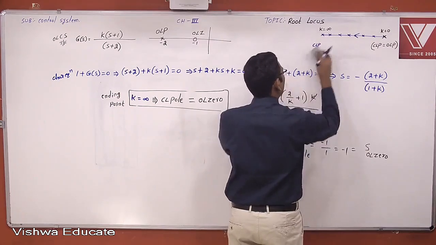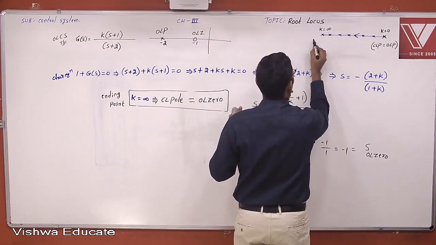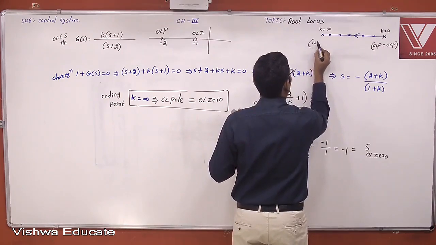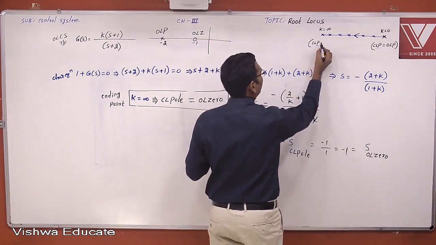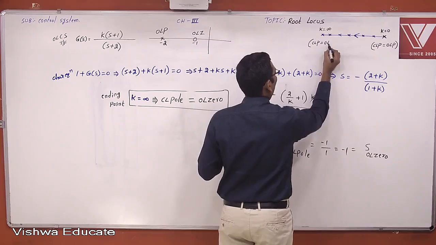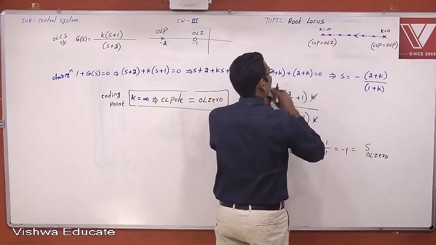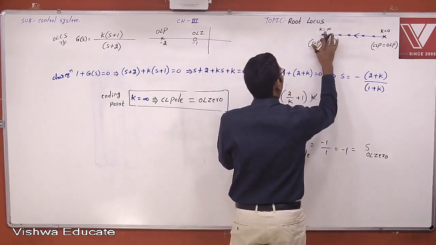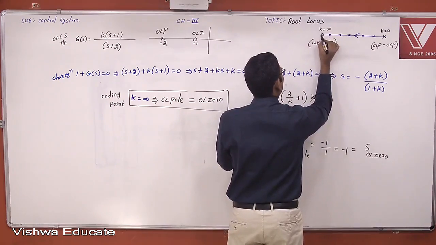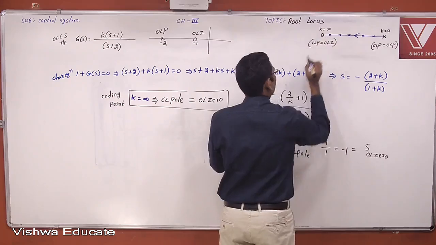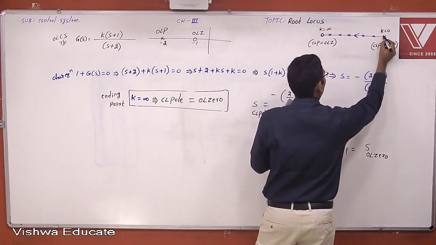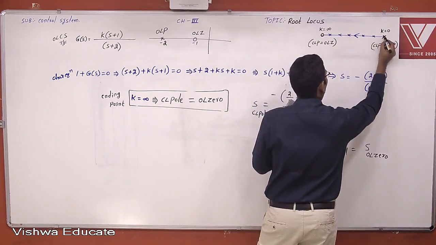The root locus diagram ends with the closed loop pole, but it is difficult to identify the closed loop pole. Now we may use the open loop 0. Therefore, the root locus diagram ends with open loop 0, and the root locus diagram starts with open loop pole.